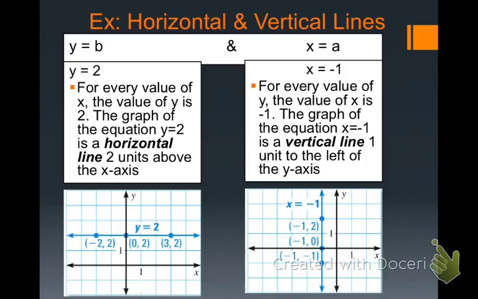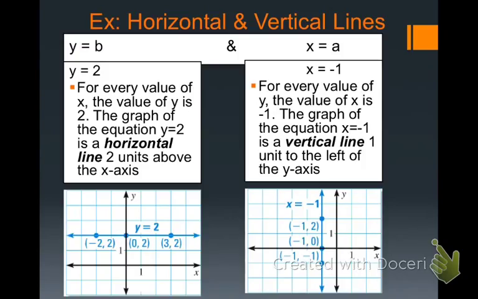Same sort of thing on the right. We have a vertical line. Remember, that's of the form x = a, where a is some constant. So let's look at the example x = -1. For every value of y, the value of x is -1. The graph of the equation x = -1 is a vertical line 1 unit to the left of the y-axis.